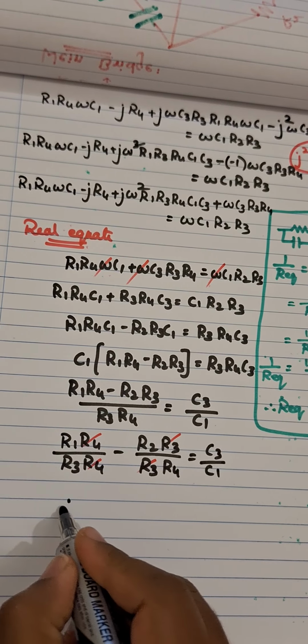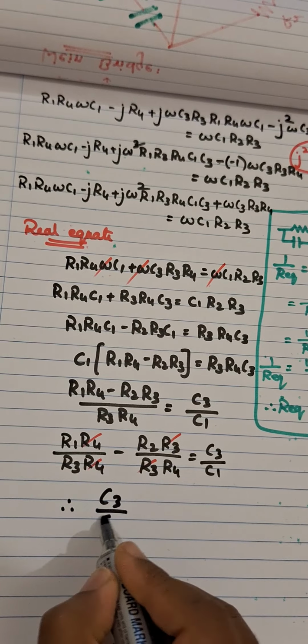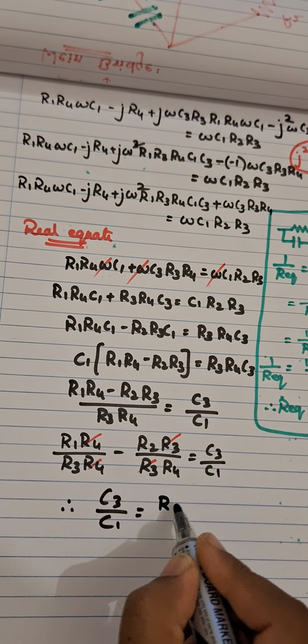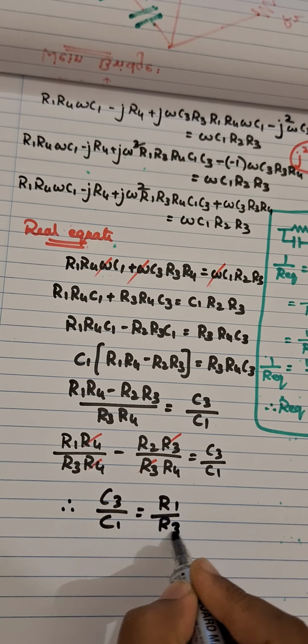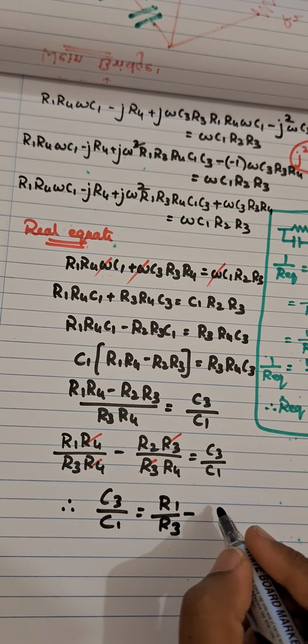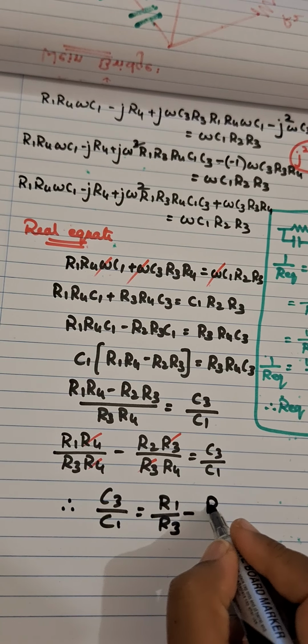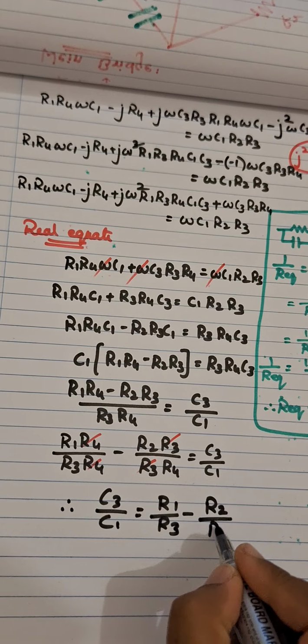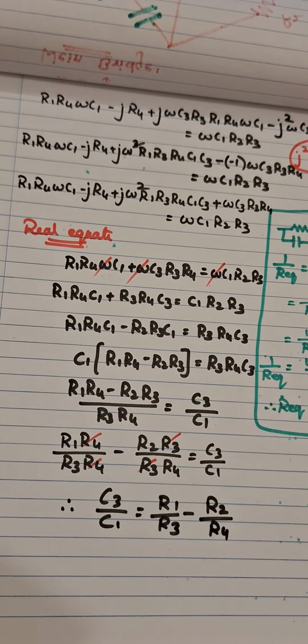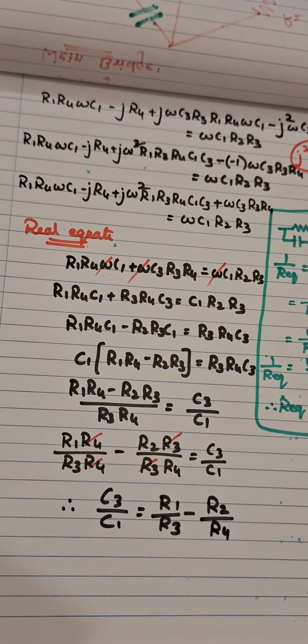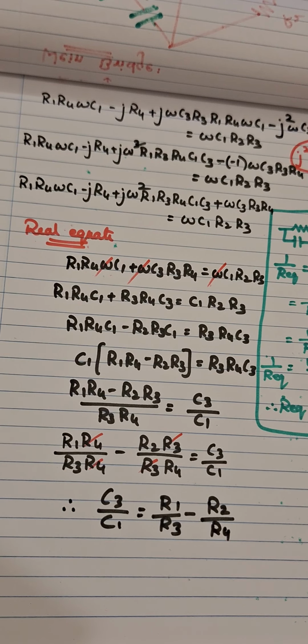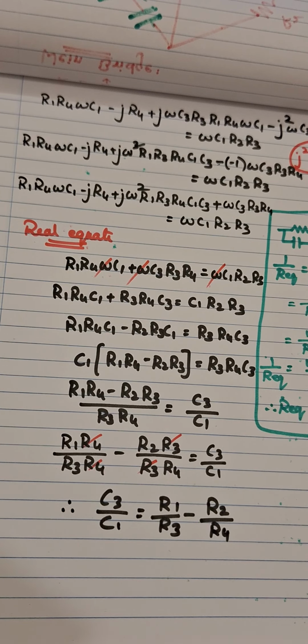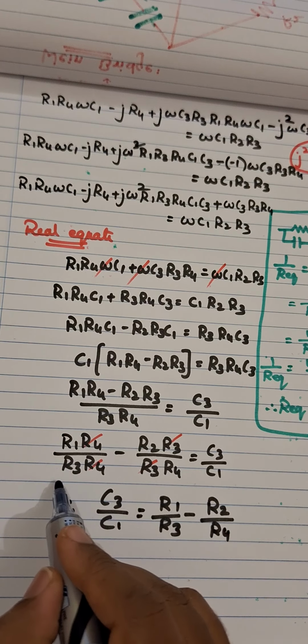So finally I can say C3 by C1 is equal to R1 by R3 minus R2 by R4. Is it clear? This way I have eliminated and got the equation, finally C3 by C1.